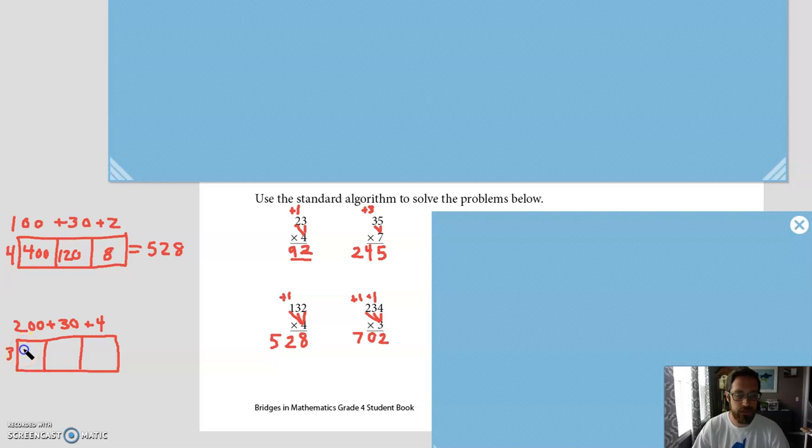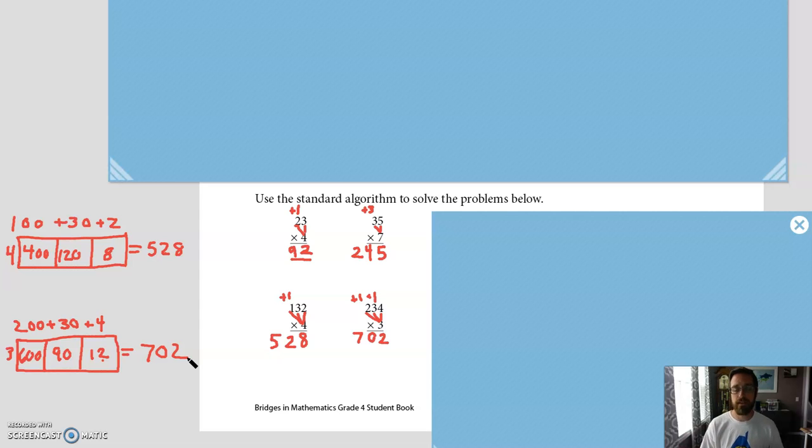Well, 3 times 2 is 6, and 100, so that'd be 600. 3 times 3 is 9, times 10 would be 90. And 3 times 4 is 12. So this would be 600 plus 90 is 690, plus 10 more would get us 700, and then we have the other 2, which would get us 702.